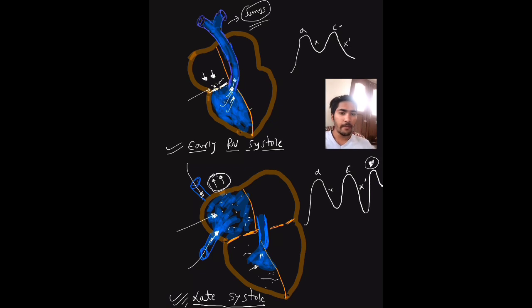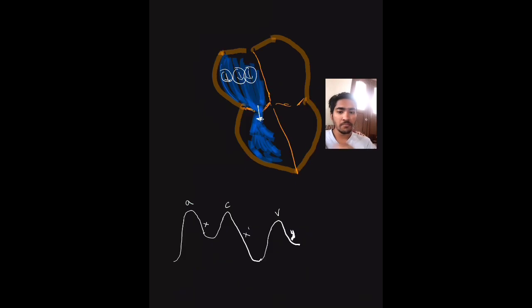So let's get into the next wave. As I told you in the earlier page, your atria was getting filled up with peripheral blood, and what happens in the next phase is this atrial blood is getting emptied. This is the initial phase of atrial systole, where there is passive moving of blood.